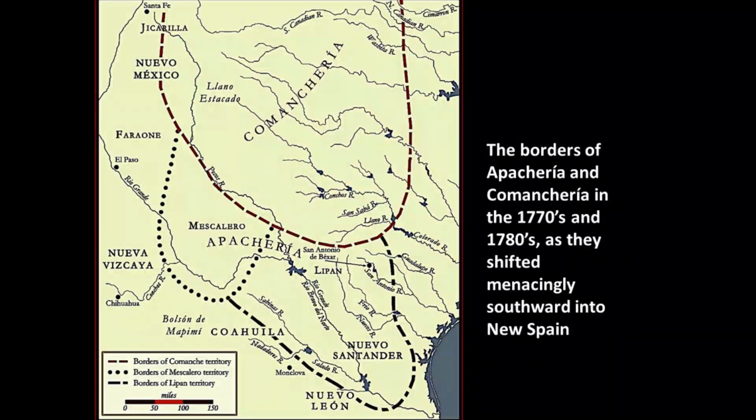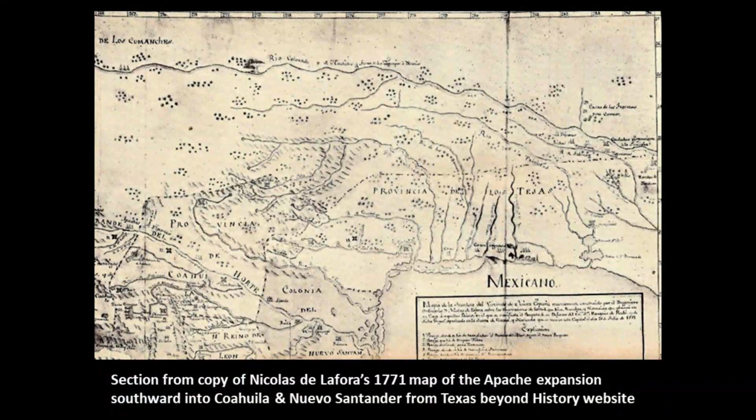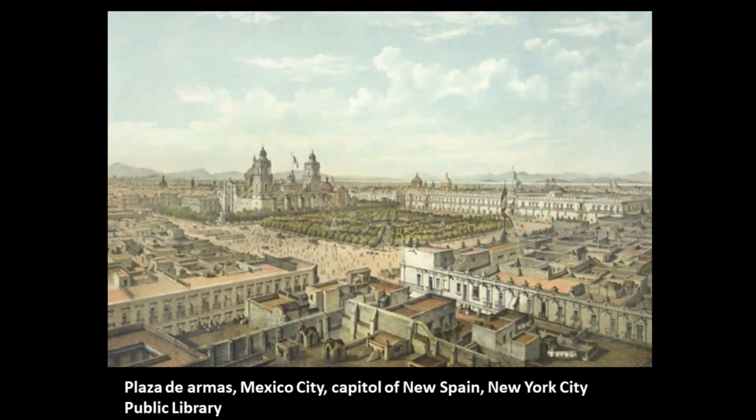So I want to stop here and just pause to consider the Spanish Empire. The Spanish was the largest empire in all of the Americas. The Viceroyalty of New Spain had over 1 million Spanish colonists, 2 million indigenous residents. The capital city of Mexico that you're looking at here was the most sophisticated metropolis in the Western Hemisphere, with its Baroque architecture, its broad avenues, and one of the world's greatest universities.